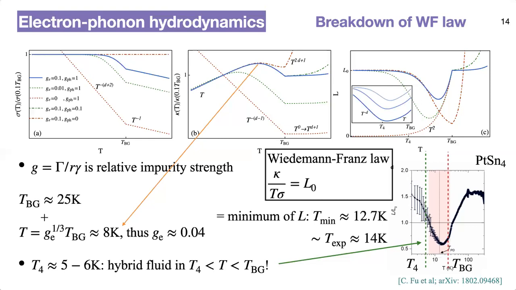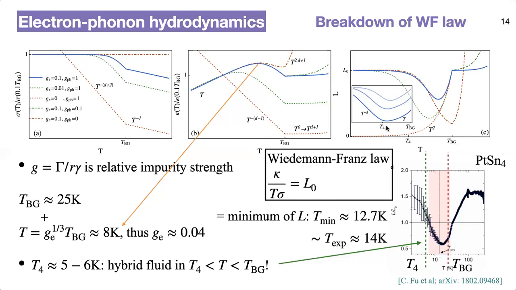Okay, thank you. Are there any further questions? Oh yeah, by the way, I want to add more comment here. If we equate the impurity strength for the electrons to be equal to the phonon, as I plot in this inset, it is indeed that a strong variation of the Lorentz law will approach the T4 temperature region.